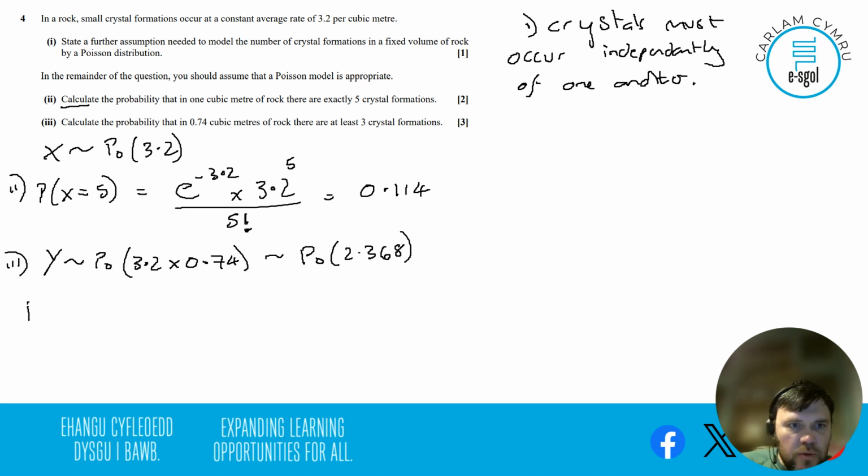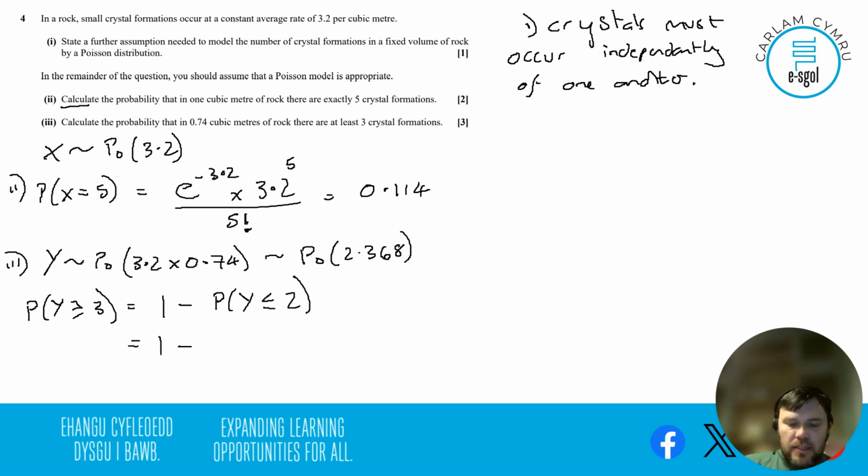And we're asked to work out the probability of X being greater than or equal to 3, because it's saying at least 3 formations, which is the same as 1 minus the probability of, sorry, it is Y, Y being less than or equal to 2, which is, again, calculator or tables, 0.57809, which is equal to 0.4219.